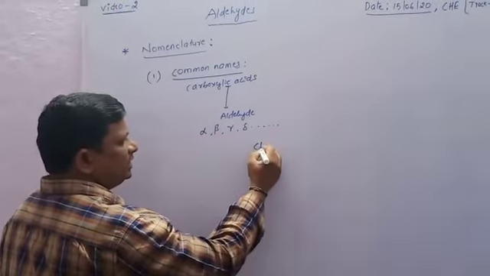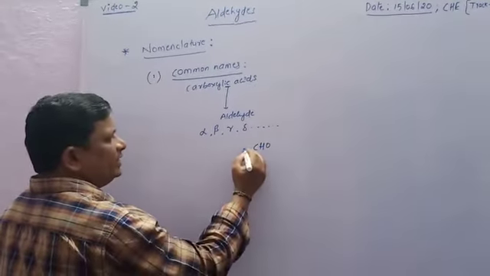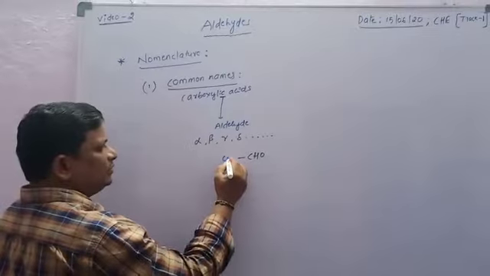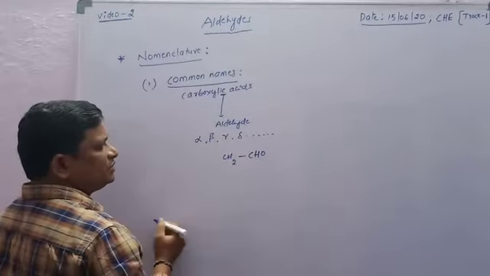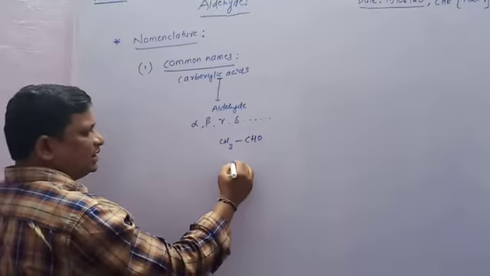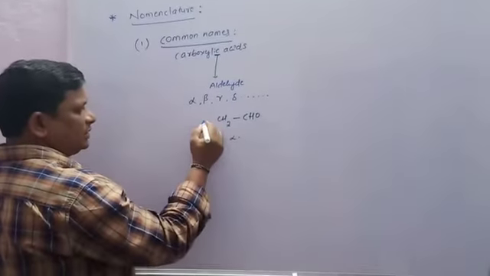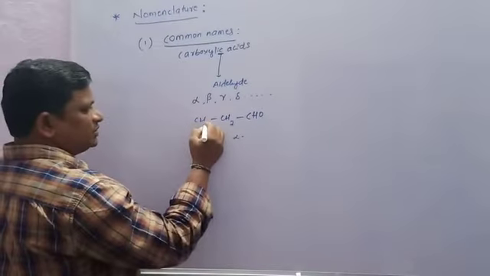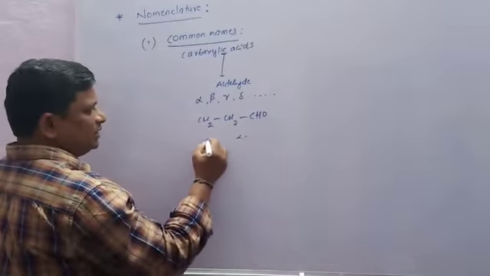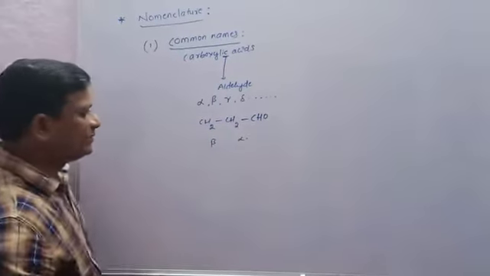For example, it is an aldehyde attached to one carbon, that is CH2. So it is the alpha carbon. The second substituent, CH2, is the beta carbon.